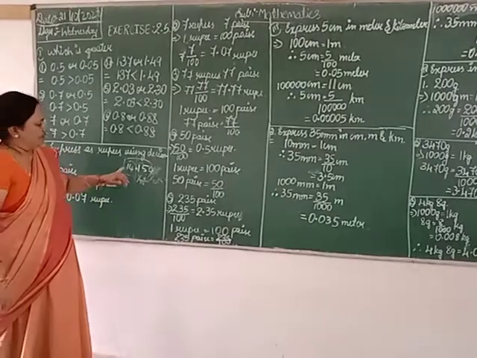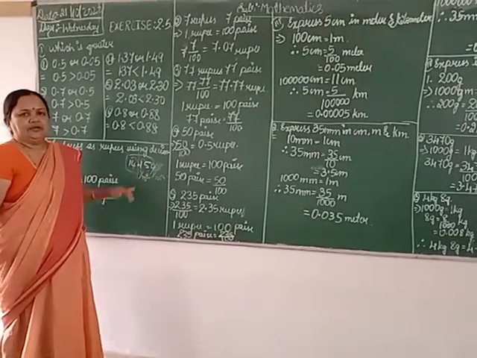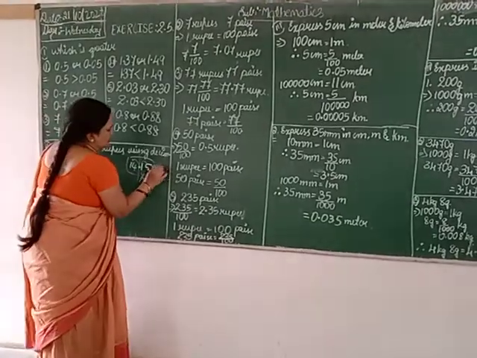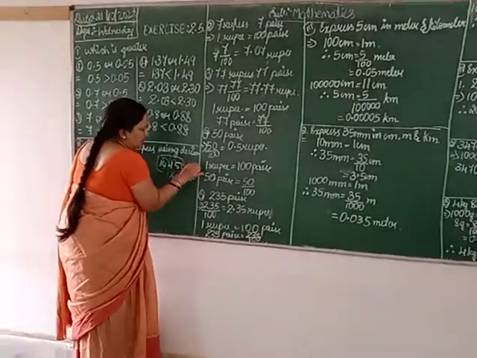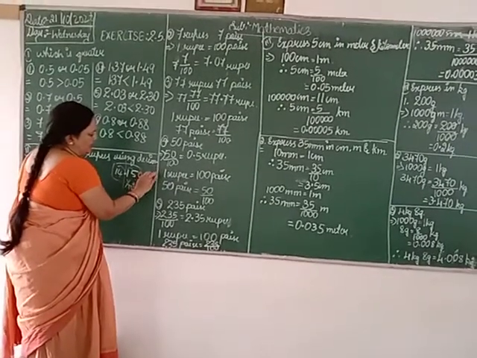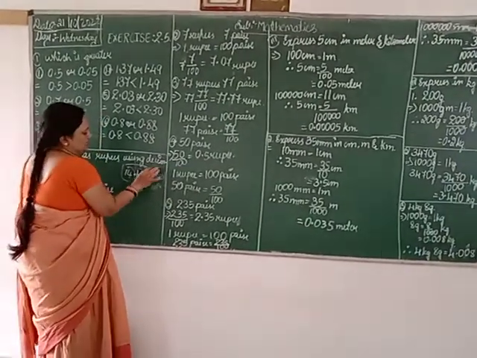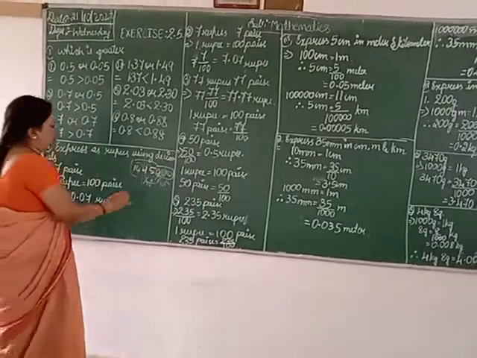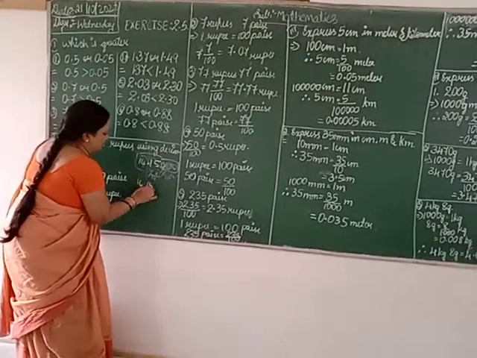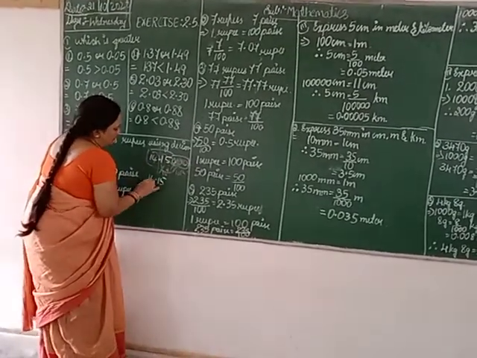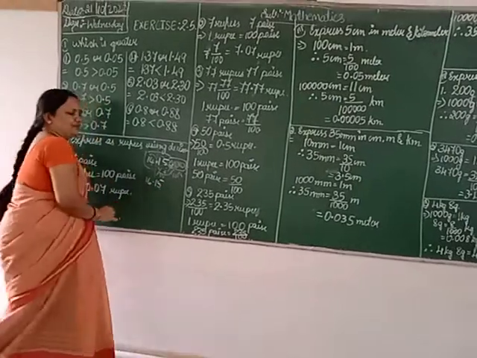Whatever zeros come, if there is a number after these zeros, then these zeros have value. But if it is like this, these zeros do not have any value. Understood? It is nothing but 14.15. So instead of writing 14.15000, we can always write 14.15.